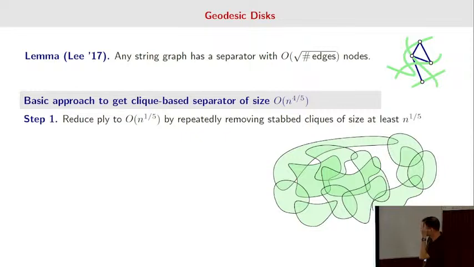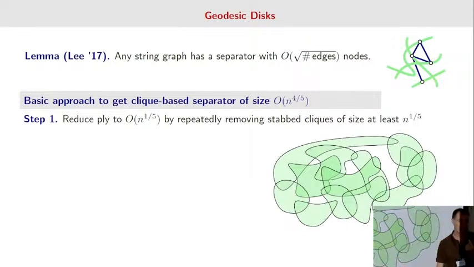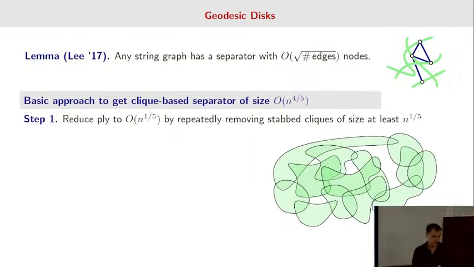Okay, so first we make sure that the ply is small. So the ply is, for every point in the plane you count in how many objects it is contained. That's the ply of that point. And then the ply of the whole thing is simply the maximum over all possible points.